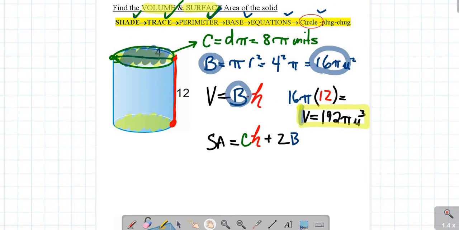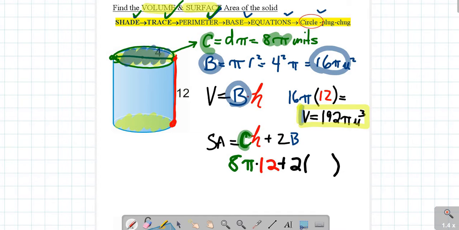Okay, ready? Now we're going to do surface area. We already have our circumference. We found it up here, so it's 8 pi. So we do 8 pi times your height, which is 12, plus the area of two bases. We already did our bases earlier.